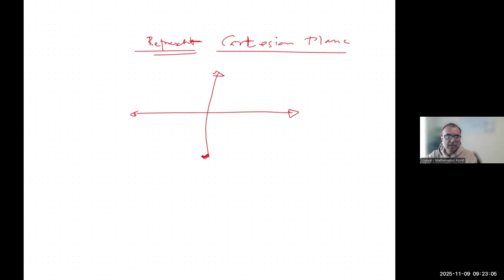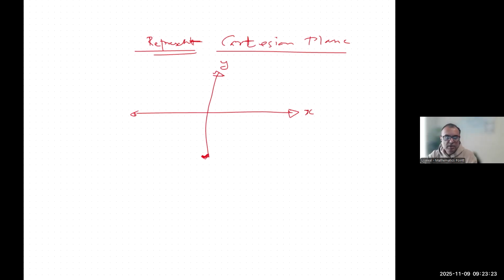The horizontal line is called the x, and the vertical line is called the y. X and y.